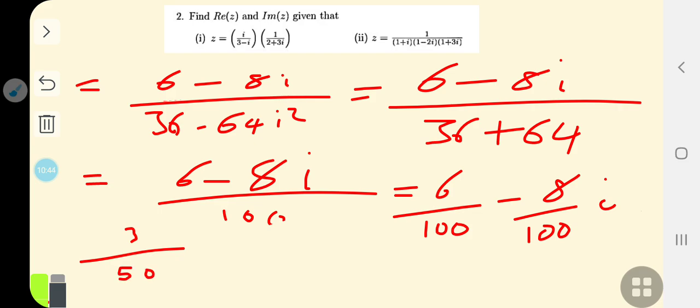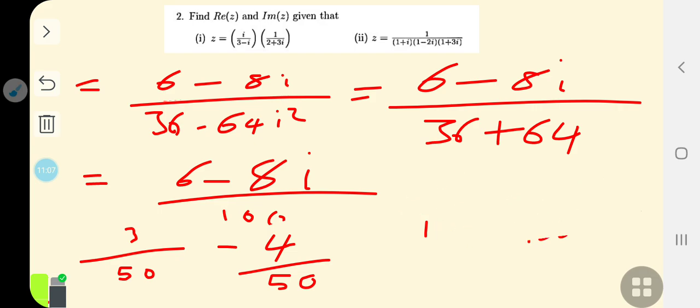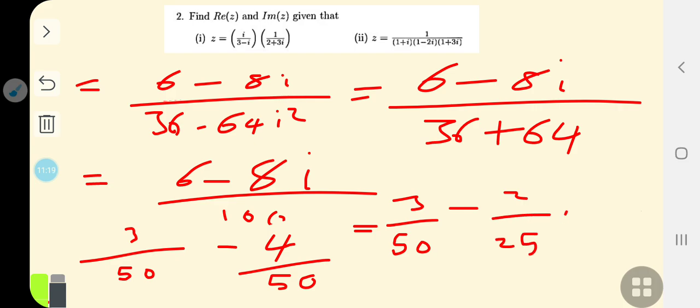Then 2 into 8 gives me 4 over 50. But again, there is a number that can go into 4 and 50. So now I'm going to have 3 over 50, then minus, 2 into 4 is 2, and 2 into 50 is 25, so 2 over 25i.